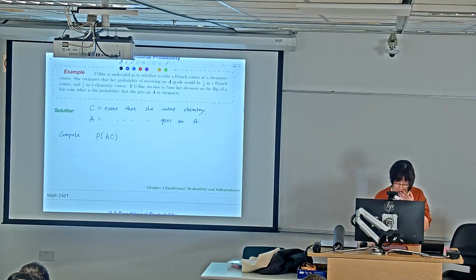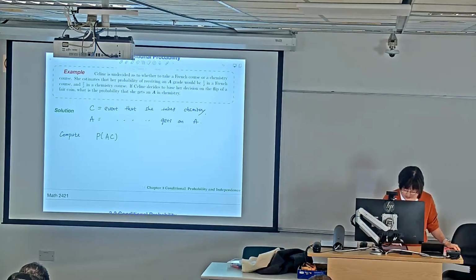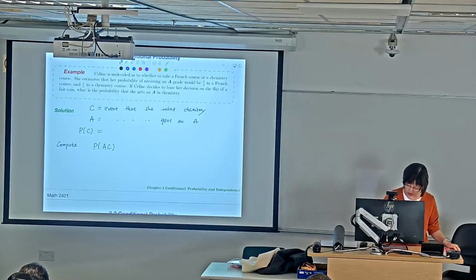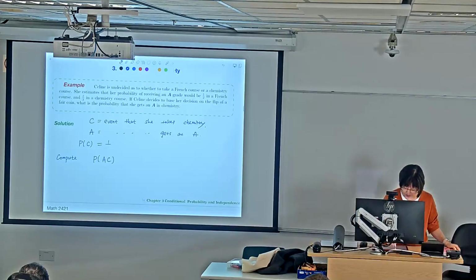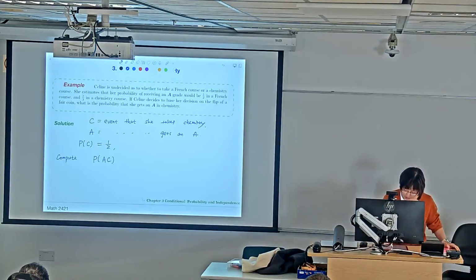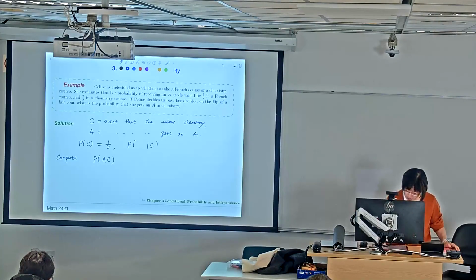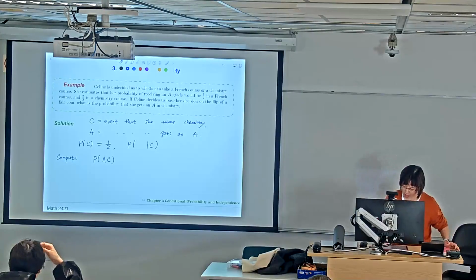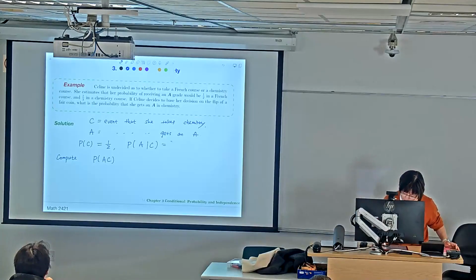Let's see what is given, and then we integrate this together. We are given the probability that Celine takes the chemistry course: the probability of C is 1/2, decided by flipping a fair coin. And then we are given that conditioning on Celine having taken the chemistry course, the chance she gets an A is 2/3.